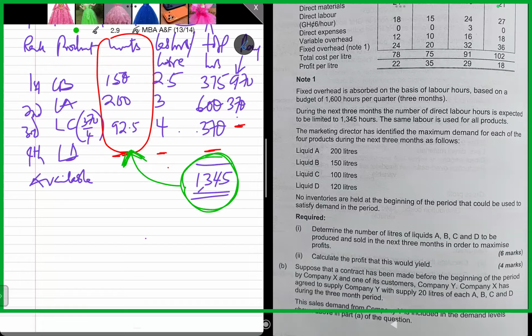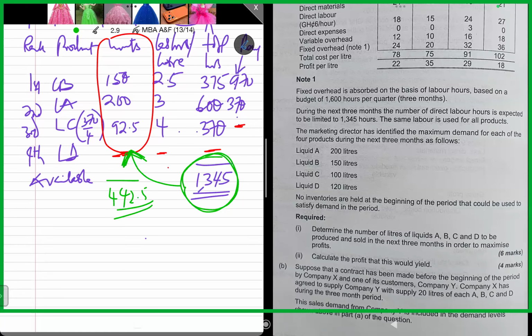When we add all these together, we get a total of 442.5.